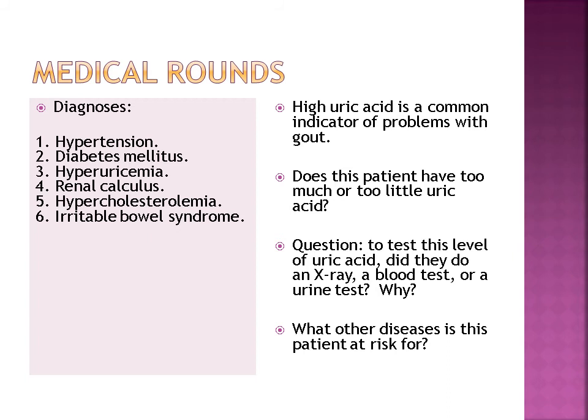What other diseases is this patient at risk for? Other possible problems the patient might develop include CVA from hypertension or myocardial infarction from coronary artery blockage. Note the hypercholesterolemia.